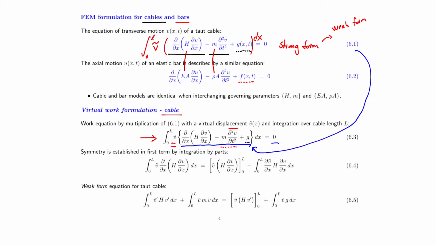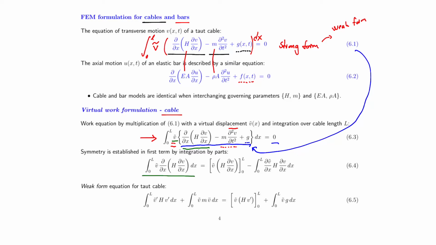However, for the stiffness term, we see that the actual displacement function is differentiated twice, whereas the test function is not differentiated. So we need to bring the first of the three terms into symmetric form.